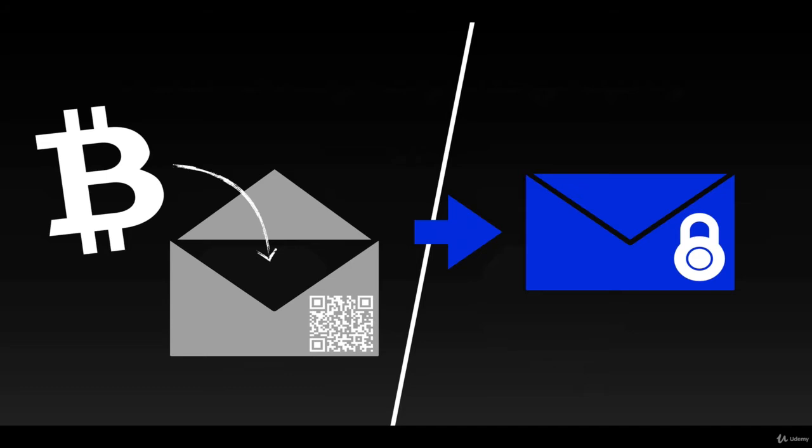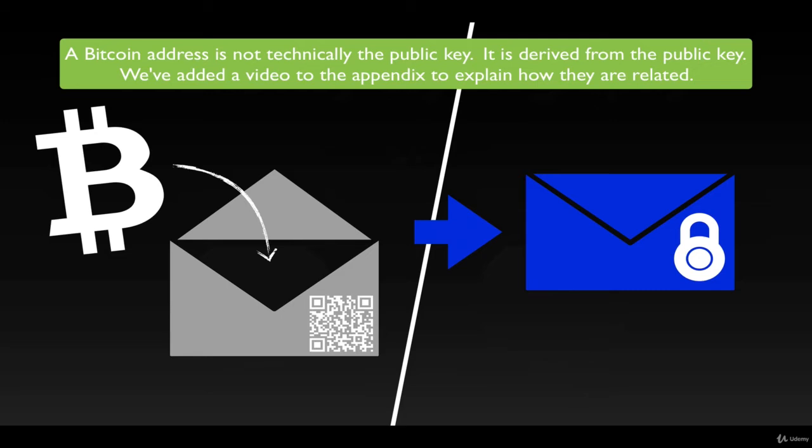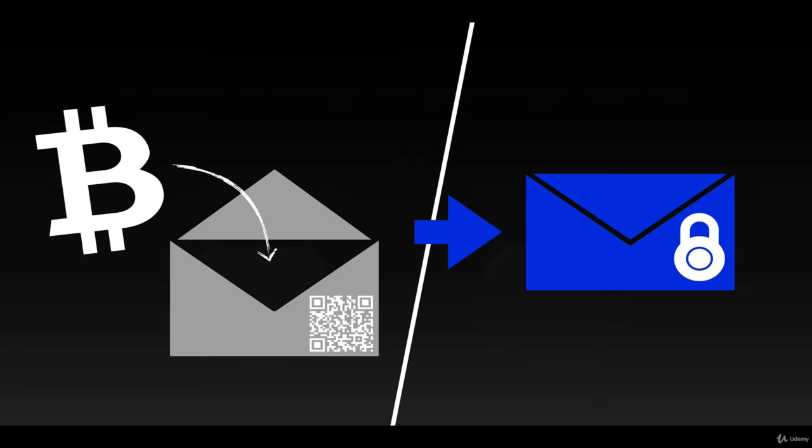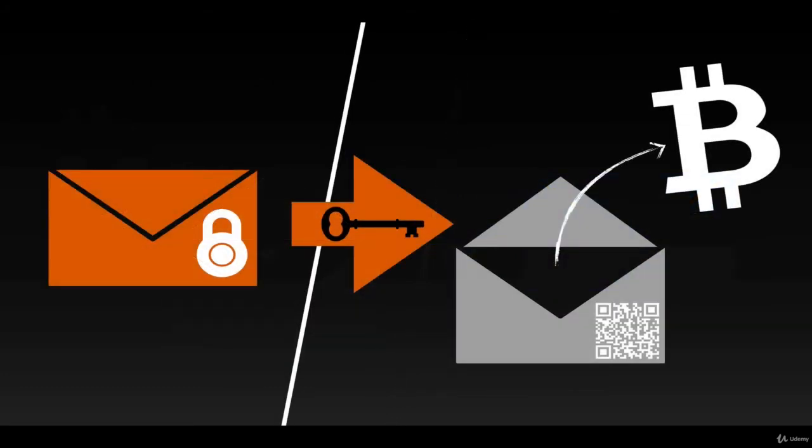I actually use Colt's public key as the destination, as my Dropbox. So I wrap my Bitcoin with Colt's public key. And once that Bitcoin is locked onto the blockchain, then Colt will be the only one who can open it. Colt will be able to use his private key in the future to unlock the transaction that I stored on the blockchain for him.